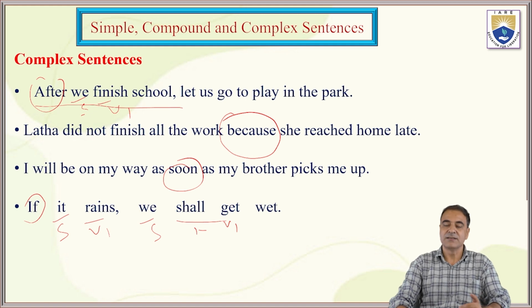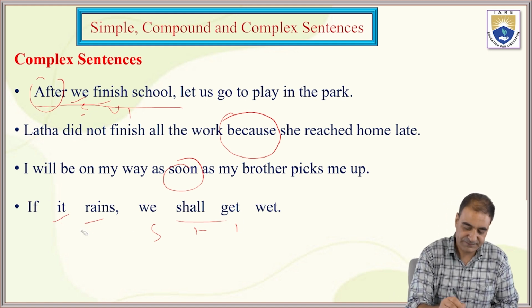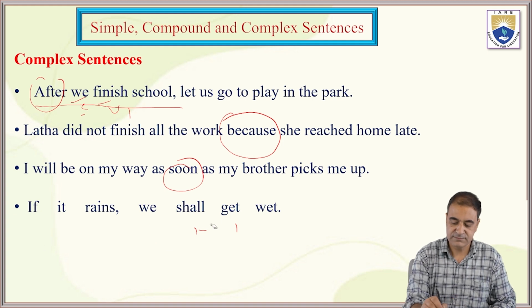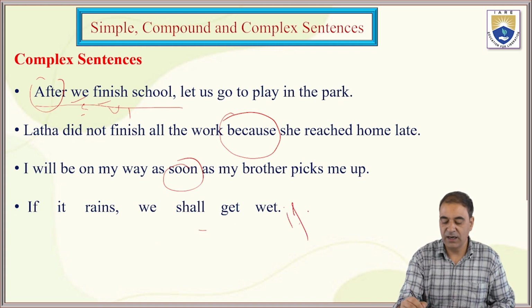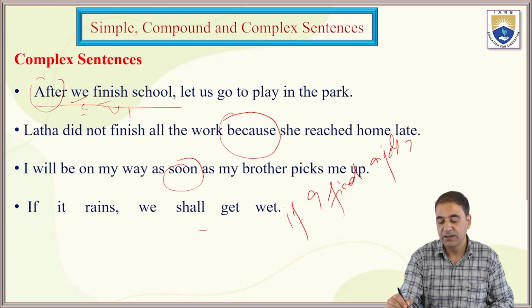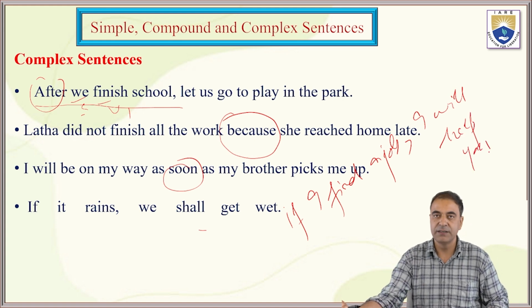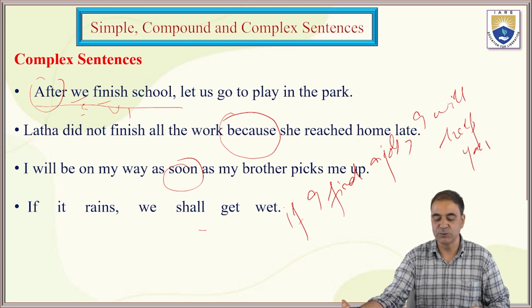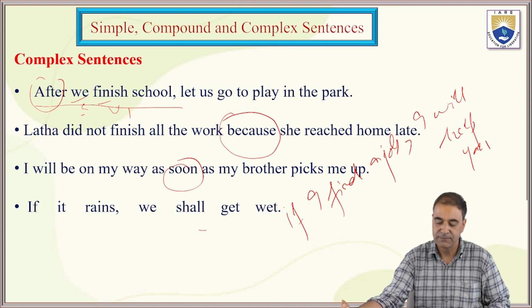Remember, a complex sentence is a sentence that carries one main clause and one or more than one subordinate clause or dependent clause. For example, if I write like this, if I find a job, I will help you. Now look at the sentence here. We have two clauses. The first one is if I find a job, that means the subordinating clause.